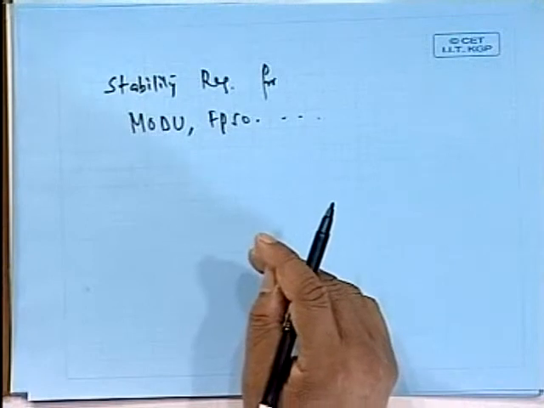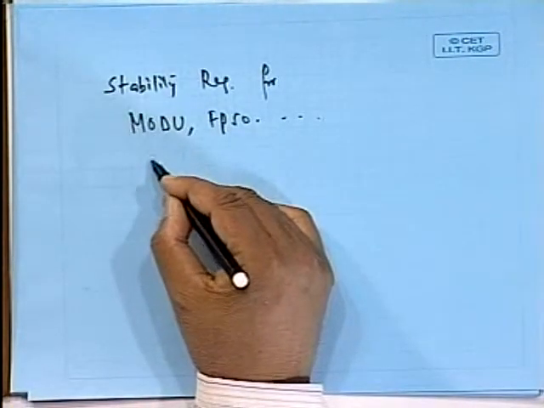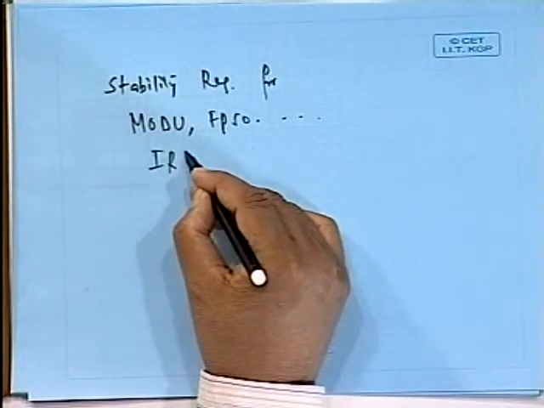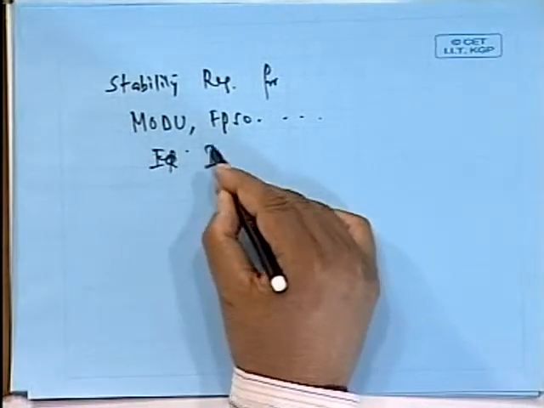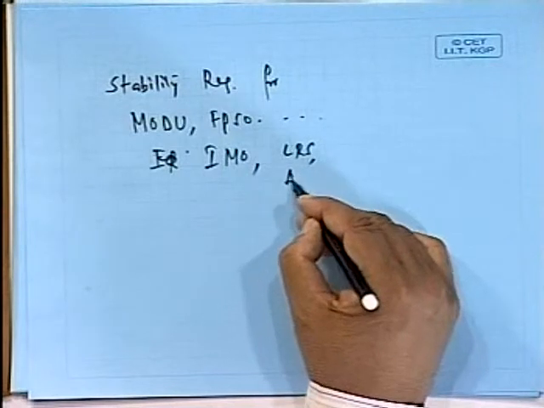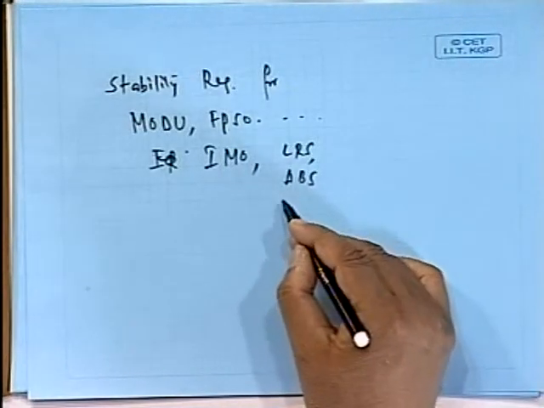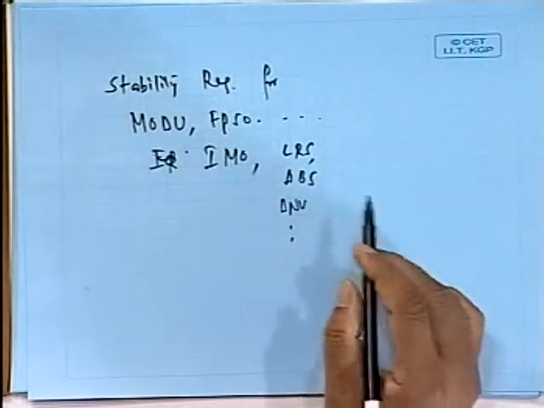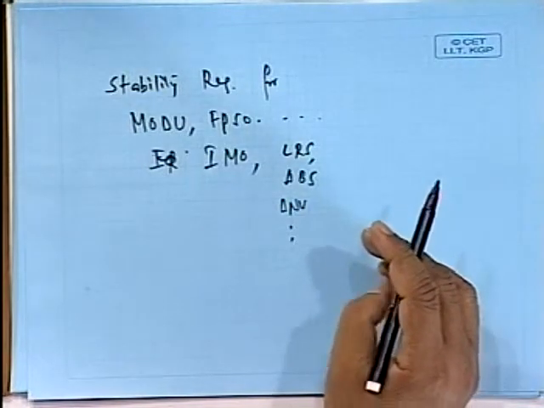This is given mostly by regulatory bodies and societies like ABS, LRS, DNV, etc. There is as yet no fixed rule as such, in the sense that a lot of these societies have their own rules, more or less uniform, but it is still being researched.